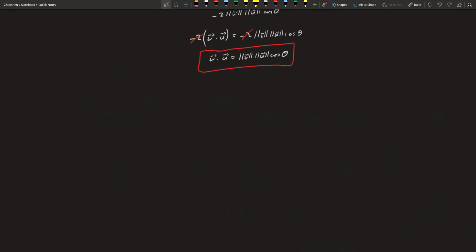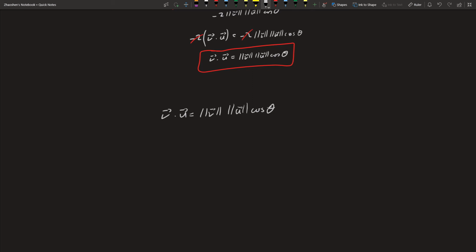Now, the dot product is also useful because you can test whether two vectors are perpendicular or not. If you want to test if two vectors are perpendicular, you do the dot product. Let me show you why. Vector v dot vector u is equal to, I'm just writing the formula again, the magnitudes times cosine theta, right? If they are perpendicular, theta is 90 degrees, since the angle between those vectors will be 90 degrees. Cosine of 90 becomes 0, right?